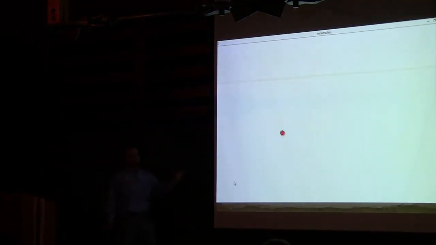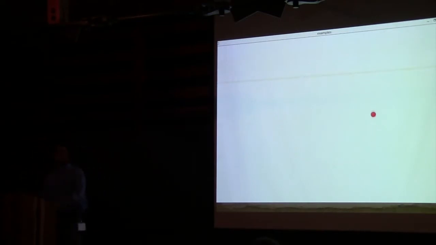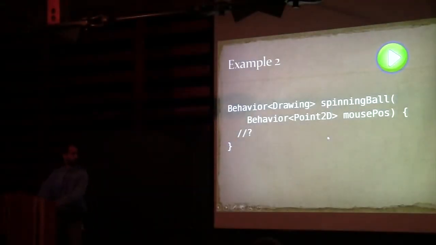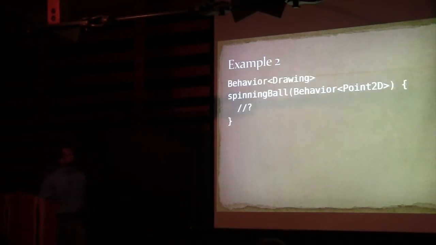This is the same one that we had before. This is just the spinning ball example. Now we'll see if we can program this thing. So what can we do with this function? Is this going to need the mouse position in it? I see people shaking their heads. No. Okay. So we got rid of the mouse position.